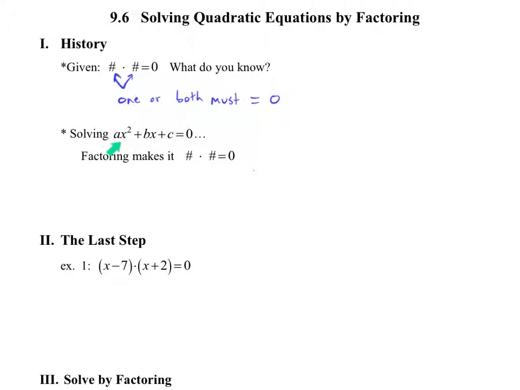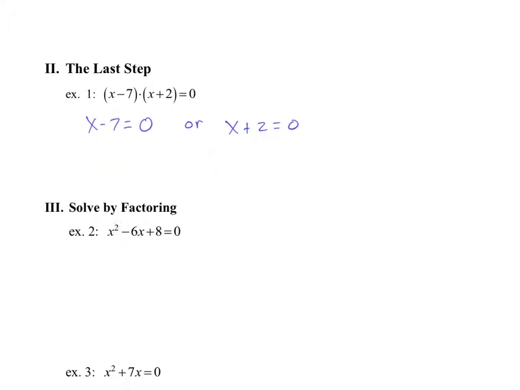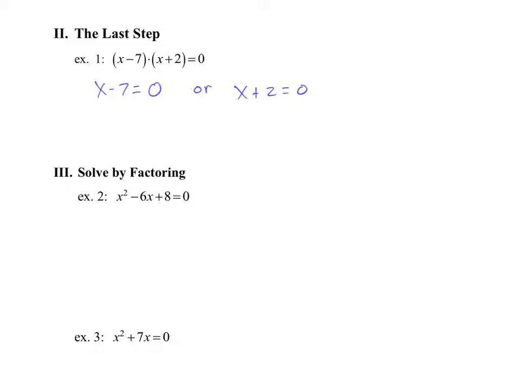So I'm going to assume this was the last step, so we already factored it to get this right here. So we know either x minus 7 equals 0, so either this first one has to be a 0, or my second one has to be a 0, or x plus 2 equals 0. Do you agree one of those two things in parentheses has to be 0 for the whole overall thing to equal 0?